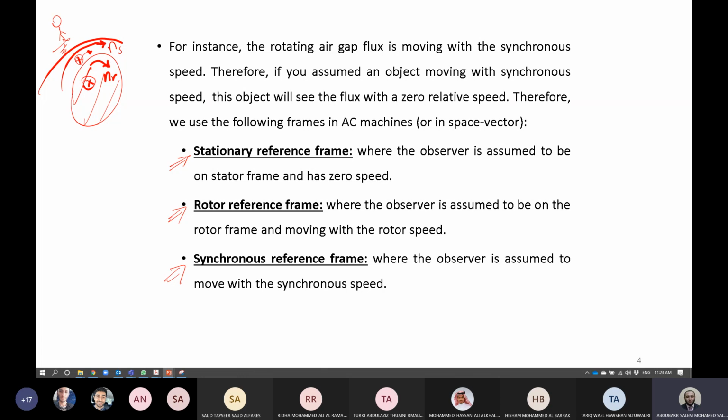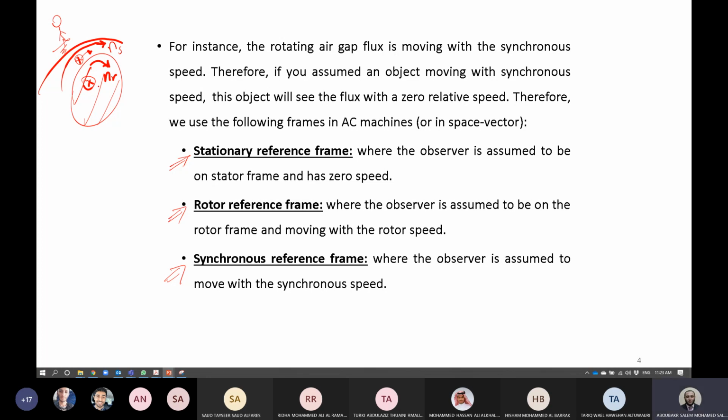Now you are going to control, for instance, the rotor current. So if in just one part of the controller you need to control the rotor current or to observe the rotor current, you can see that rotor current is moving with frequency F2.